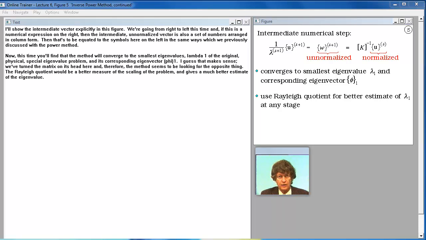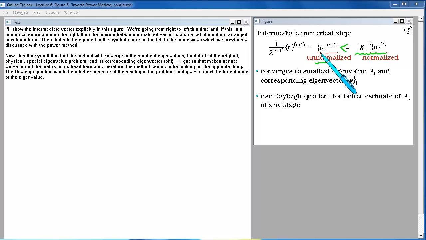I'll show the intermediate vector explicitly in this figure. We're going from right to left this time, and if this is a numerical expression on the right, then the intermediate unnormalized vector is also a set of numbers arranged in column form.